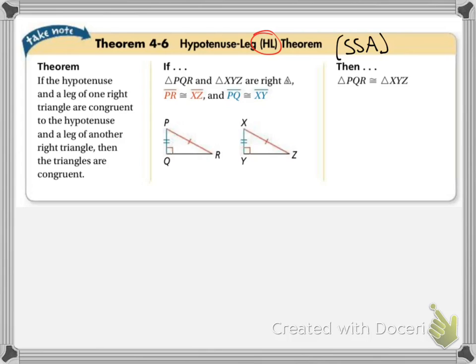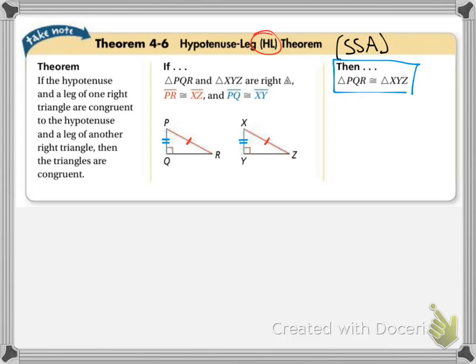So here you can look at the following picture. We have hypotenuse PR congruent to hypotenuse XZ, and also we have that leg PQ is congruent to leg XY. Since these are both right triangles, by the HL theorem, I know that they have to be congruent to one another.